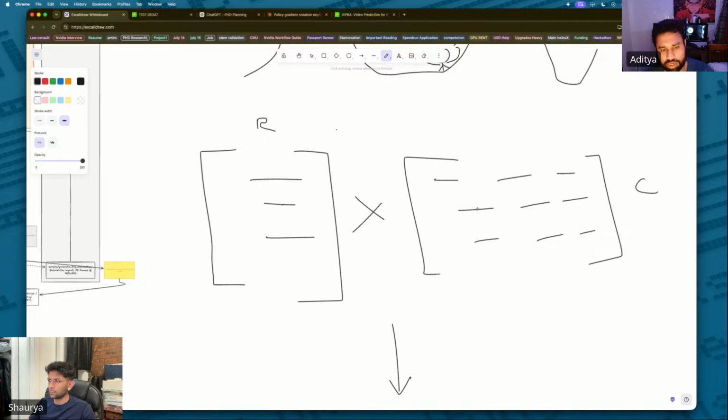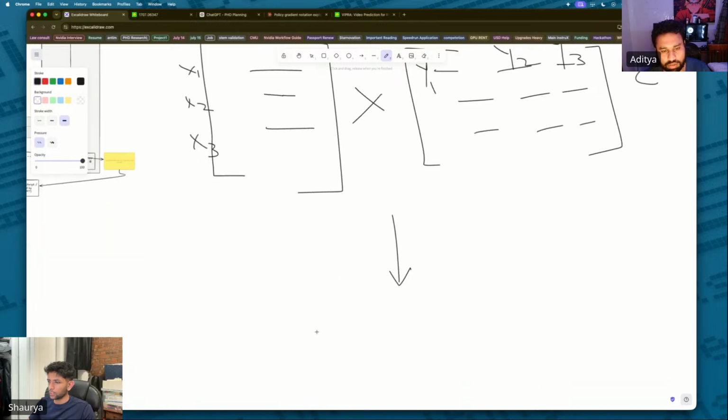So what it's going to do is row cross column. It's first going to pick up x1, x2, x3, and y1, y2, y3. The sum of y1 plus y2 plus y3?